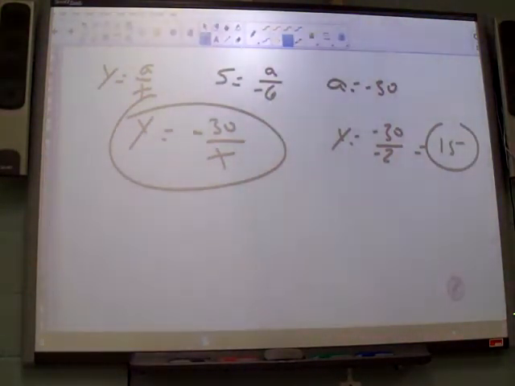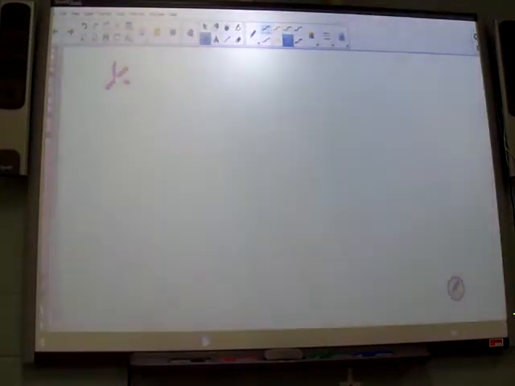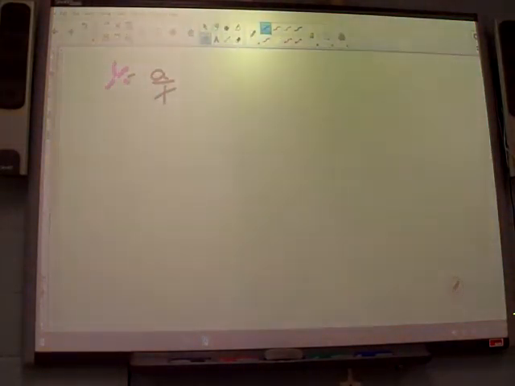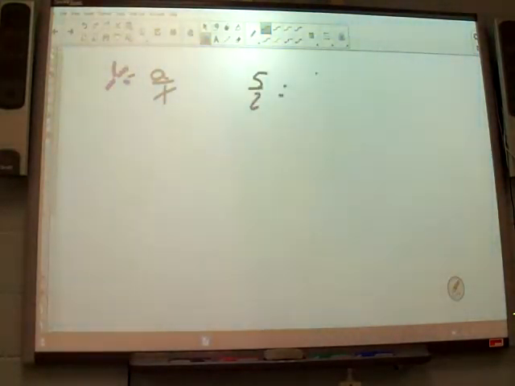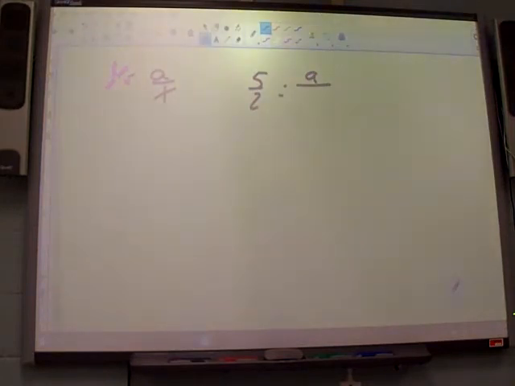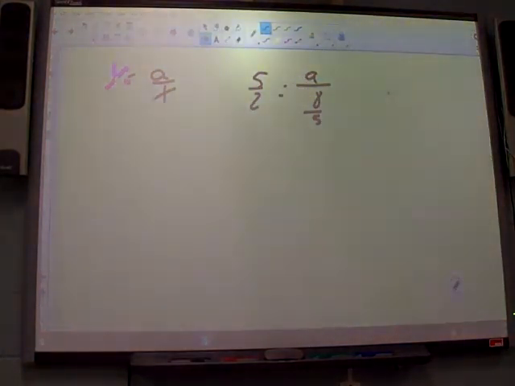All right, last one out of this section. We went to a purple dotted line there. Let's change that back. Y equals a over x, and we've got some fractions here: 5 halves equals a divided by 8 fifths. So a little bit trickier here. My a is being divided by 8 fifths, so I need to multiply by 8 fifths.